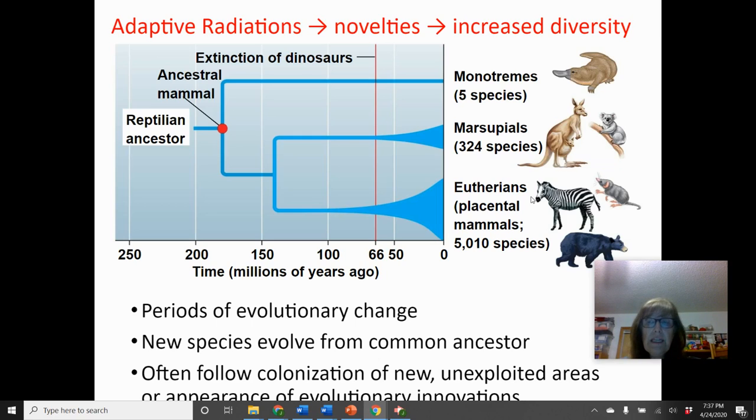And now they are moving into an area that was previously inhabited by something that might eat them, maybe a dinosaur. And so what's happened is now they are moving into a niche that was previously unavailable to them, and they are able to exploit that area and use it. And what ends up happening is other organisms of the same species move into that area, and they start interbreeding.